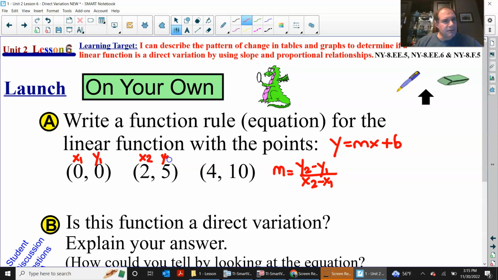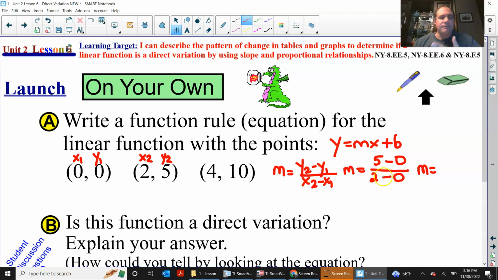I can use any 2 points to figure out slope. So I'm going to use the first 2 points because I like using 0 as a point because it's easy to subtract. All right, so my y2 is 5, my y1 is 0, my x2 is 2, and my x1 is 0.